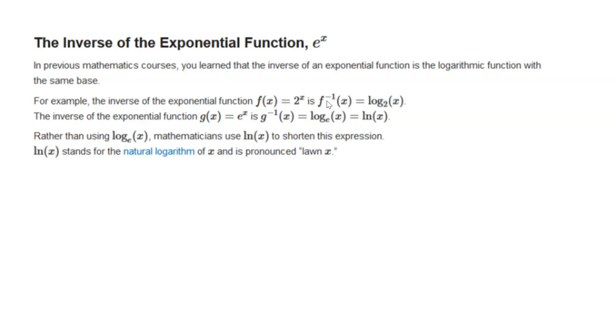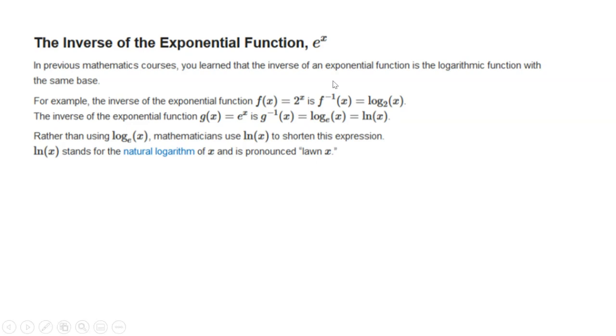So back then, when you were doing logs, the teacher probably told you, if you're in my class I would have told you this, that the log key on your calculator is a base 10 log key. Right? So if I use that key that says log on it, that's a base 10 log. But the ln key, which is usually beside it, it depends on the calculator, obviously, but on the calculator that I have, it's right beside it. So right next to the log key is an ln key. That means that I'm talking about a base e log.